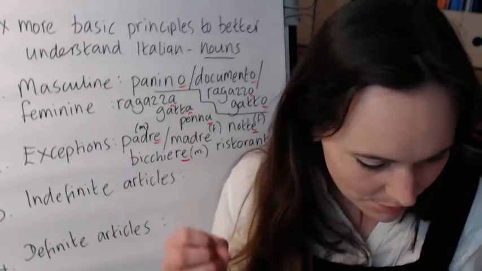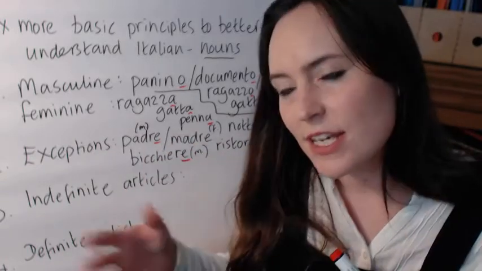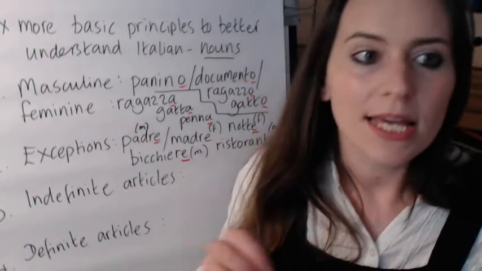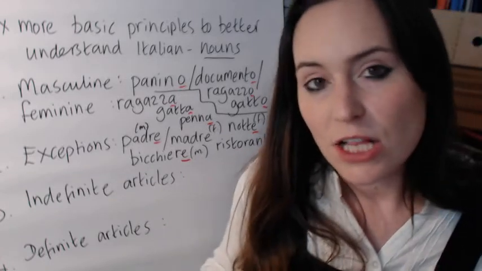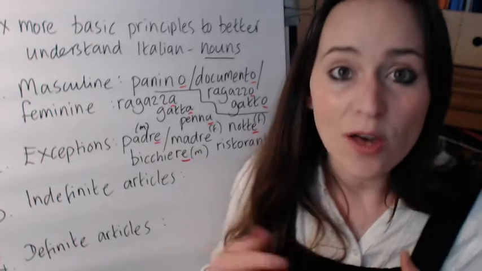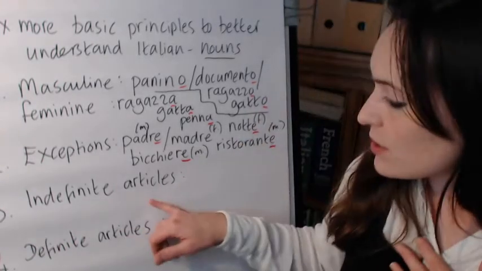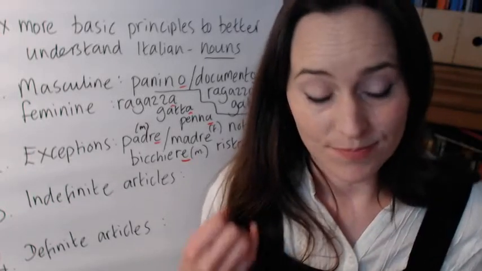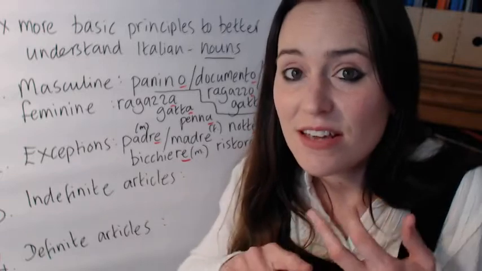Okay, now, when you start getting to grips with gender, O and A, exceptions, the rule of the ending, then you can start looking at articles. Articles are the way that you say a or the. So we're going to start off with how you use the indefinite articles. I always have to double check definite, indefinite, which is which.